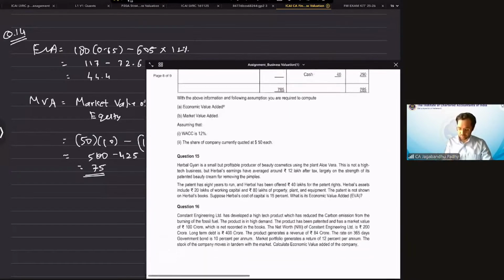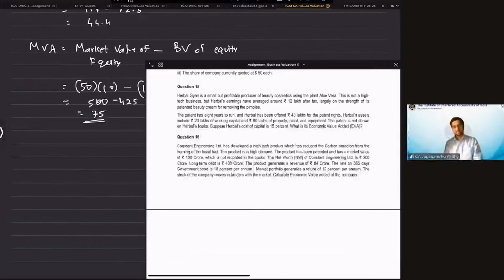Now, next, question 15, guys. Have a look and just check if you can solve it. Can we solve it, guys? Question 15.